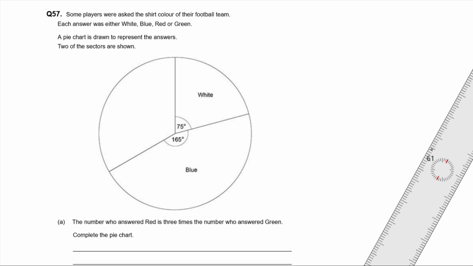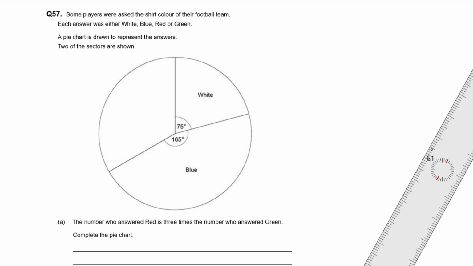Okay, so we've got the blue and the white one drawn. So in this remaining sector here, we're going to have to divide this up into 2 sectors at some point. So part of it will be red and part of it will be green. But I guess it's going to tell us how to do that in the rest of the question.